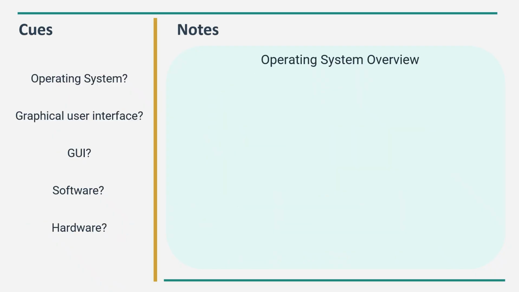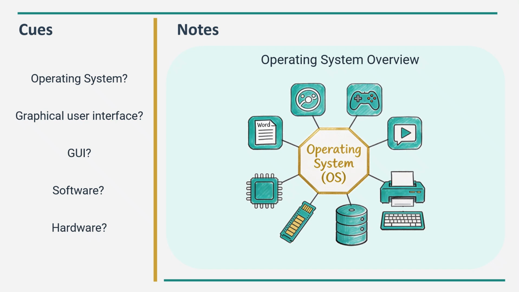The most important example of system software is the operating system, often shortened to OS. The operating system is the main program that loads when the computer starts. It manages all the hardware, like the CPU, memory, storage, and devices. And it controls which programs run and when.